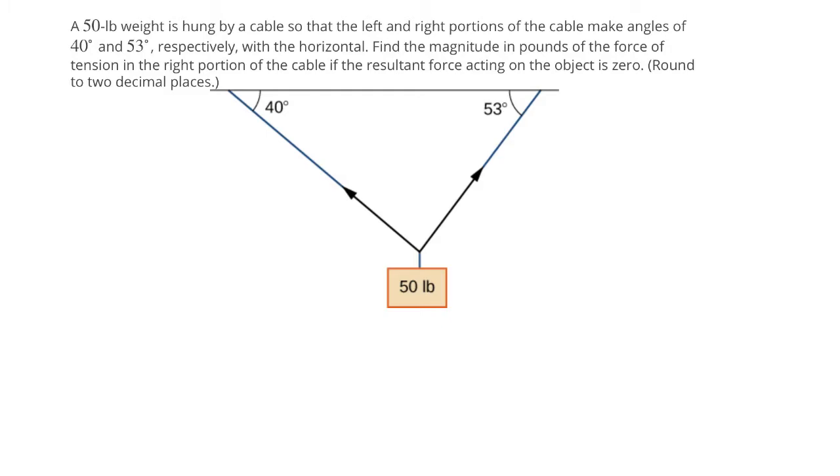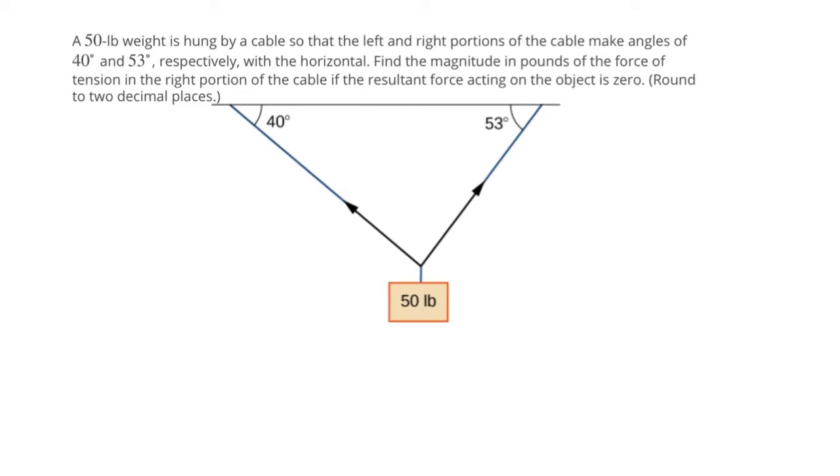All right, so if we just start labeling some vectors, we've got one vector that's going to be pretty obvious in this setting, and that's our force of gravity. One thing that we know about that force of gravity is that it's really just 50 pounds in the down direction. So if I were labeling these things, that would be a minus 50 times our unit vector j.